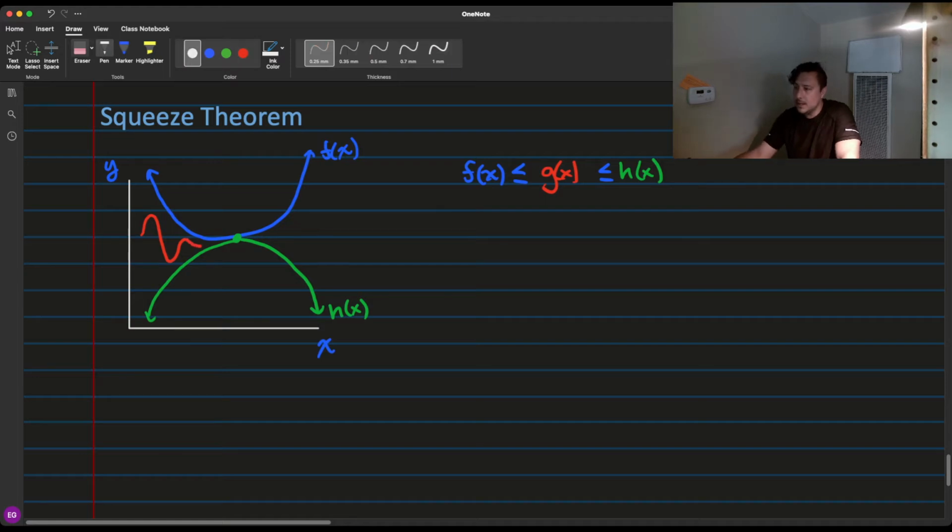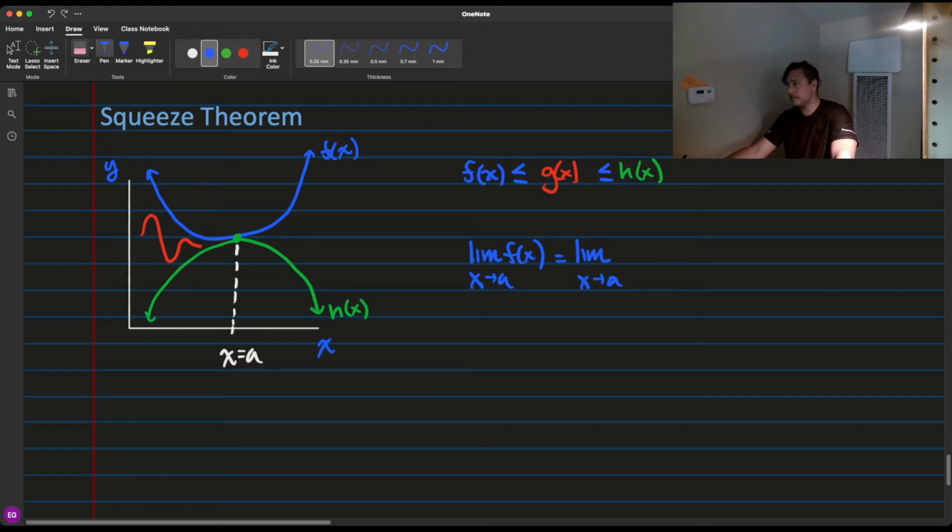And let's say that this point where those two functions f and h meet is x equals a. So we know that the limit as x approaches a of f of x is equal to the limit as x approaches a of h of x. Definitely their limits are equal because they're equal to each other at that point.